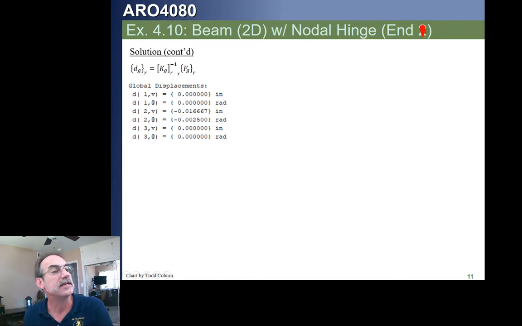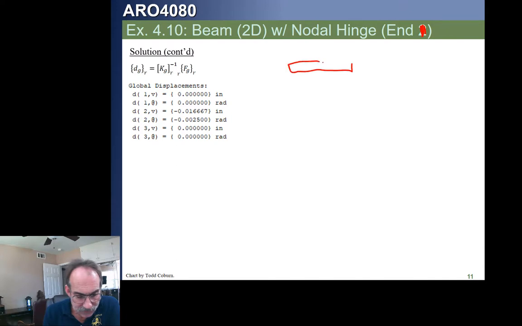Now you'll notice, since we applied the hinge, and let me draw a little more here, since in this case we've got 2 elements. This is a normal element. This is node 1. This is node 2. And this is the second element.